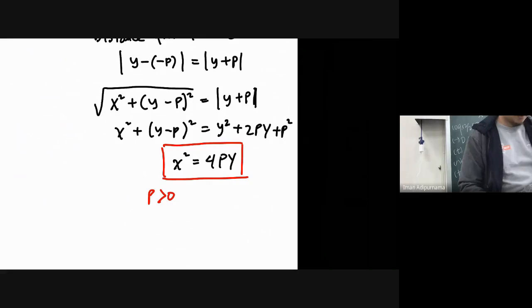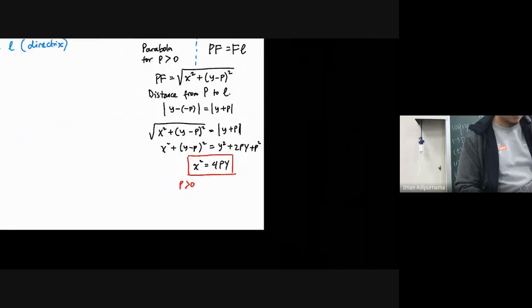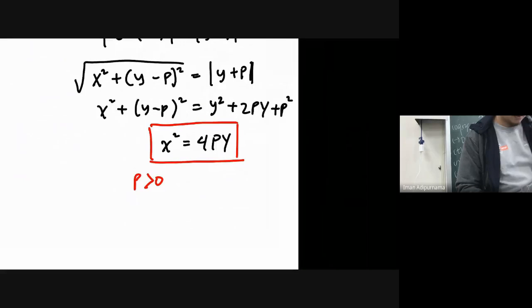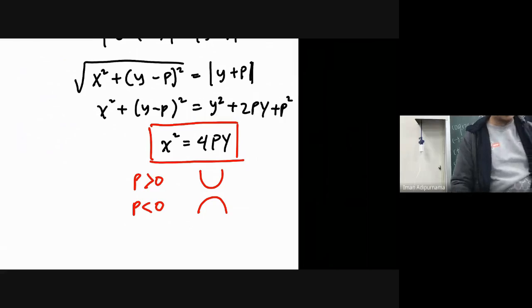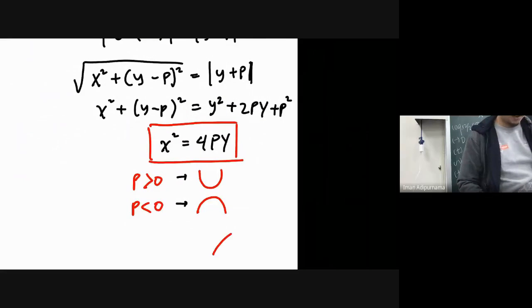For p greater than 0, this. When you switch the parabola, let's say it becomes this one, the directrix becomes here.